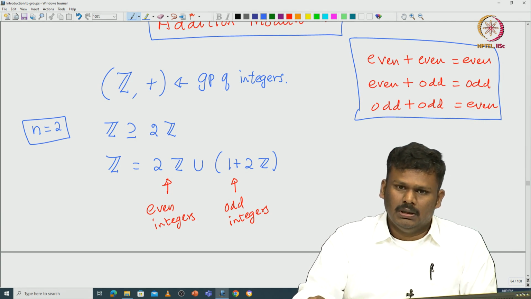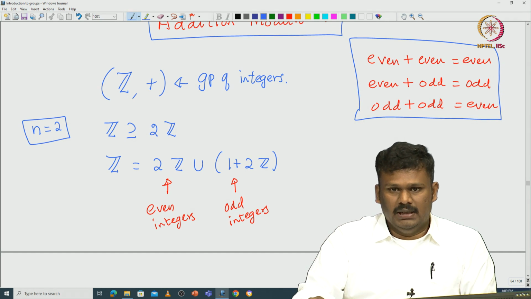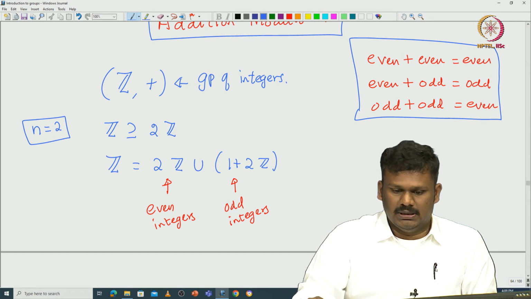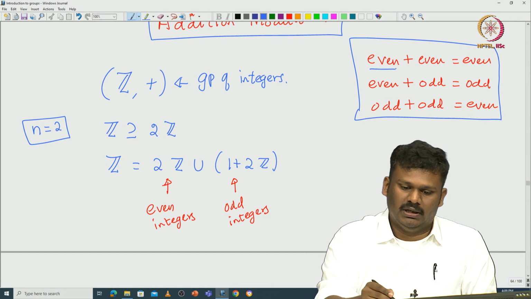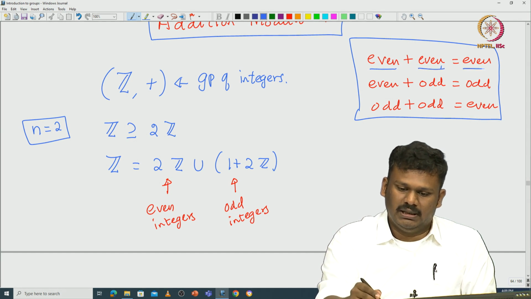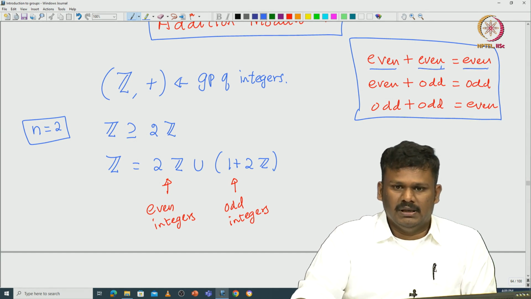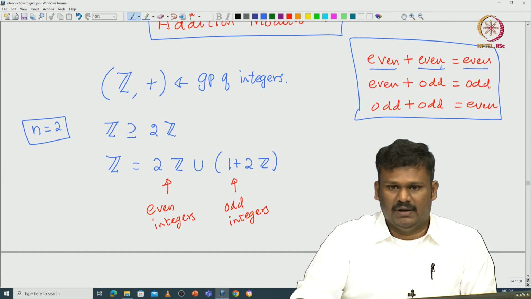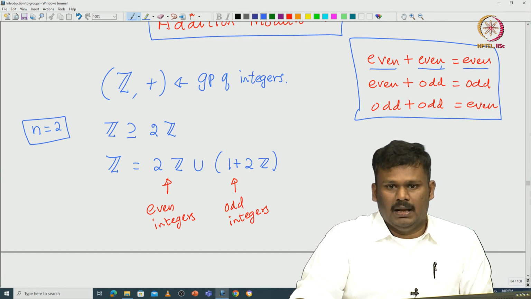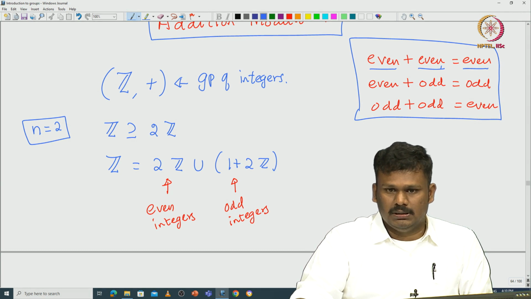Okay. So, what do we actually do in this addition? When you add two even numbers and we say that we get an even number, basically we divide that number by 2 and we add the remainders. Okay. And then we see what we get. If you take an even number and divide by 2, you get remainder 0. Then 0 plus 0 becomes 0.